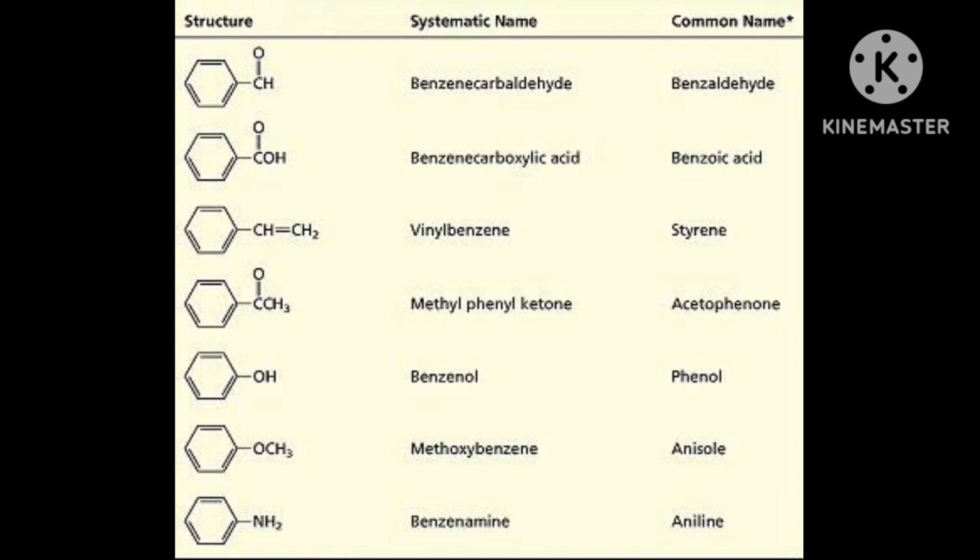Okay, hence name will be according to the alphabet. Then first you have to write chloro, 2-chloro, 4-methyl, first C and then M, and last will come the base. Then 2-chloro, 4-methyl anisole, 4-methyl anisole.